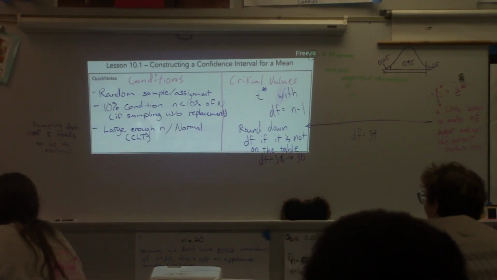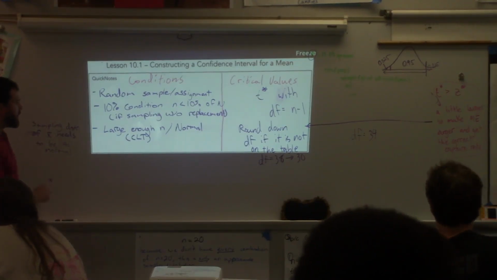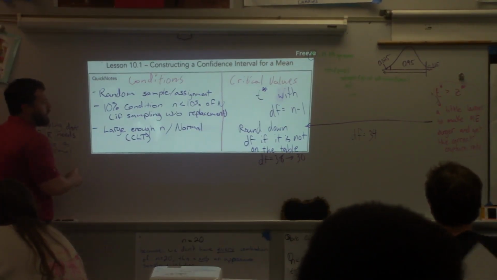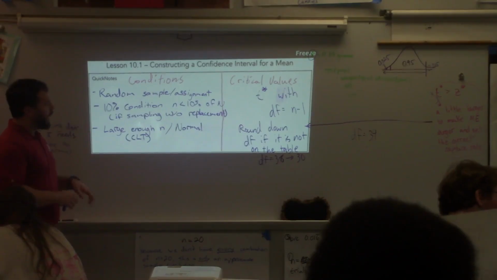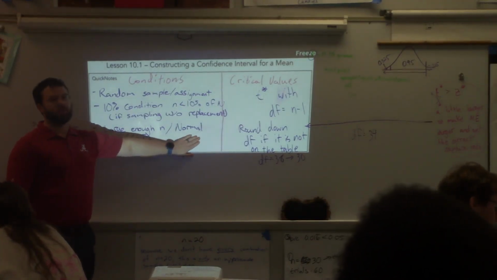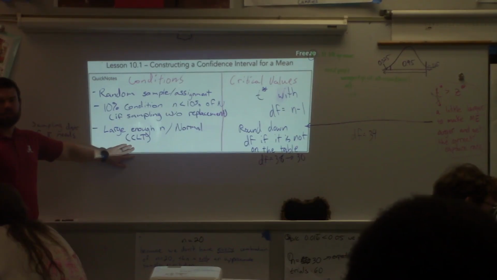The other thing is this, and this is what I couldn't remember if I was supposed to talk about yet or not. How often do you know if the population is normal? Not very often, only if it tells you. Are you always going to have a sample size of 30 or greater?